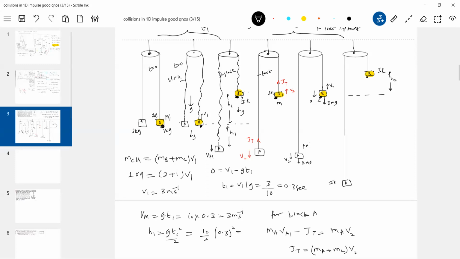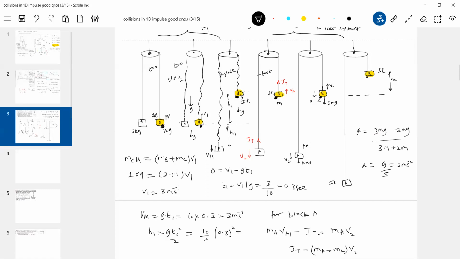After getting V2, we have to calculate the time T2. For that, we need the retardation. What is the retardation? Retardation will be (3mg minus 2mg) by (3m plus 2m). I think this should be equal to g by 5, 2 meter per second square.